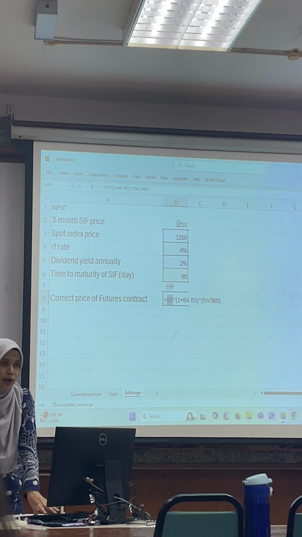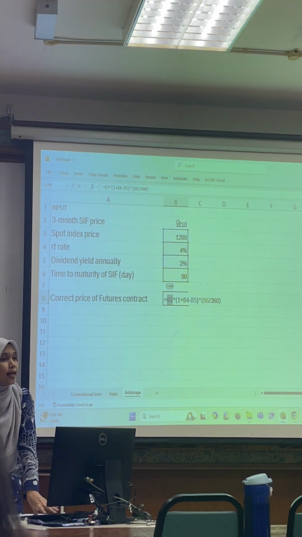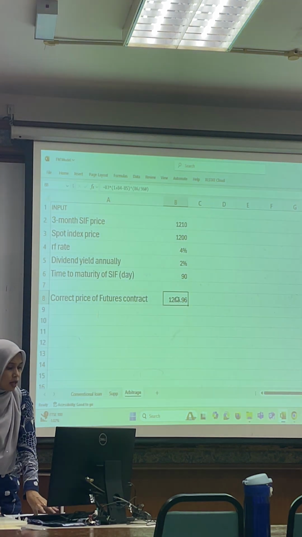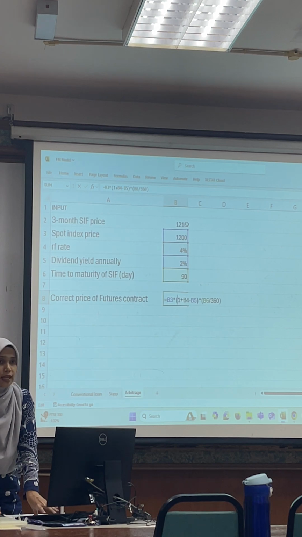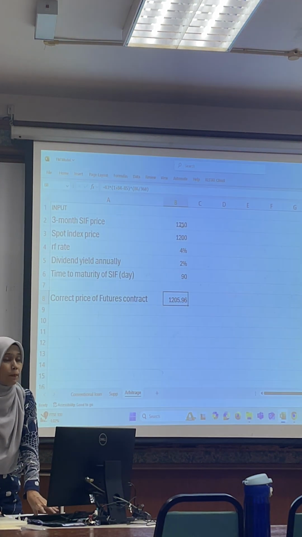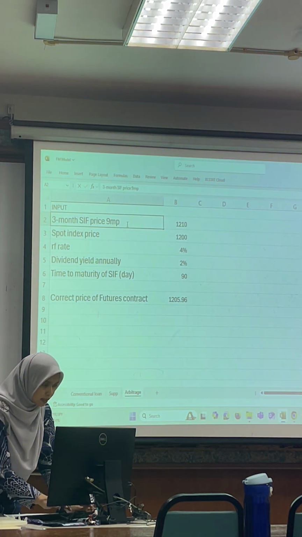Sometimes students use this one. Don't be wrong. That's why you need to understand and know how to read the formula carefully, because sometimes students mix this up and then use the future. Remember, our task is we have this, and we are going to compare with this one. This is what we call the market price.